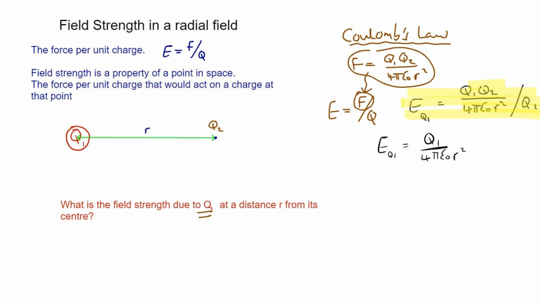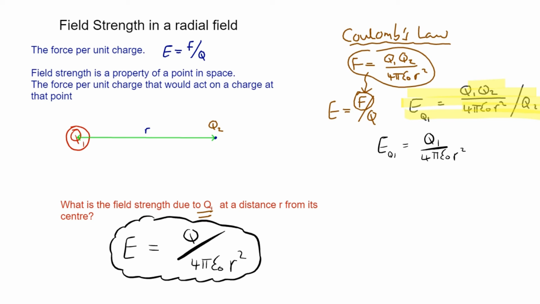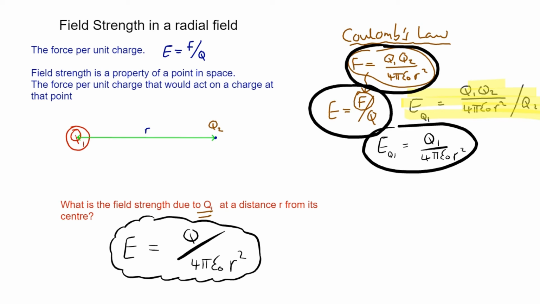The field strength due to a point charge is the size of the charge divided by 4 pi epsilon naught r squared. And that is the equation. Now you do have to be able to derive that. So basically you have to be able to write those steps in an exam. Write down Coulomb's law, write down that field strength is F over Q, and therefore cancel out one of the Q's and get this equation.